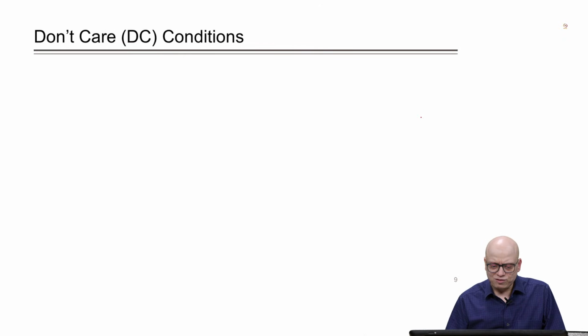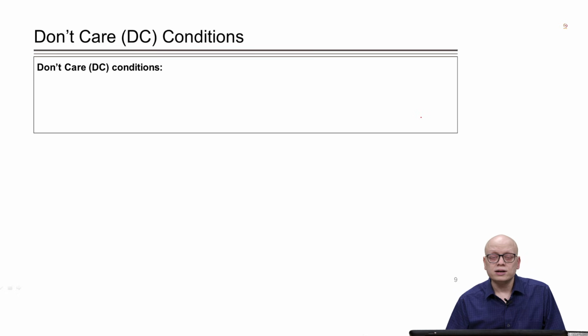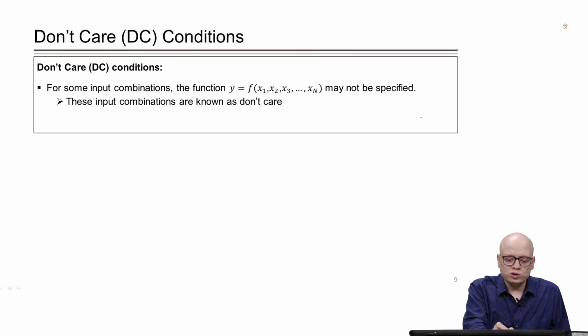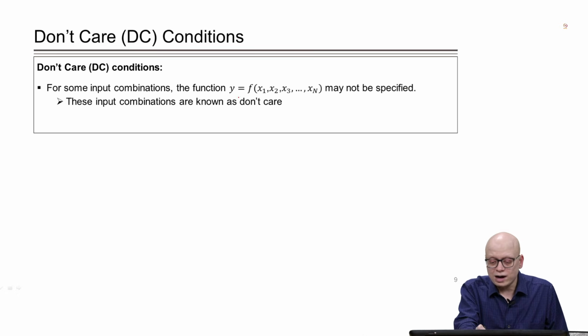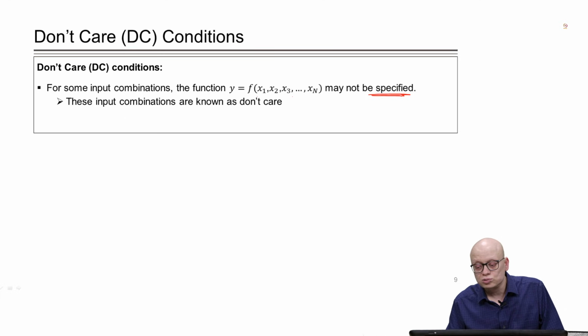Now, in some Boolean functions there can be do not care conditions. And what are do not care conditions? For some input combinations, the function y = f(x1, x2, ..., xn) may not be specified. We do not know the values for those cases, or we are not given those values.